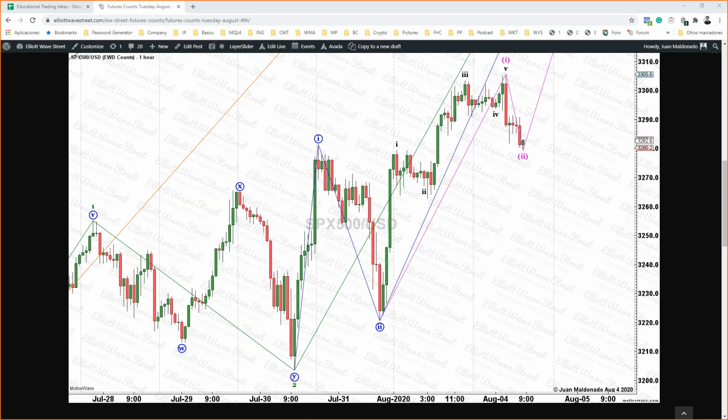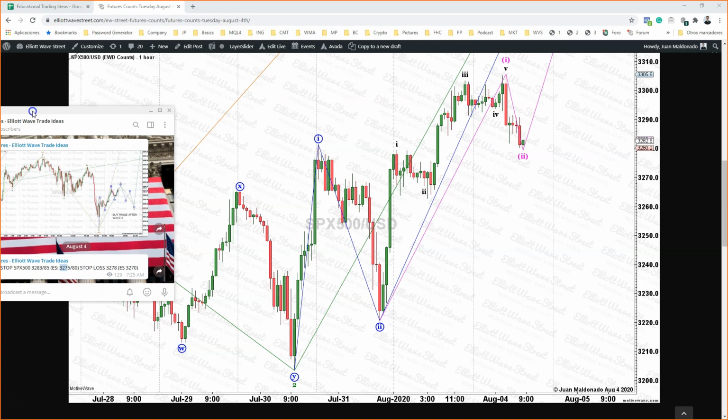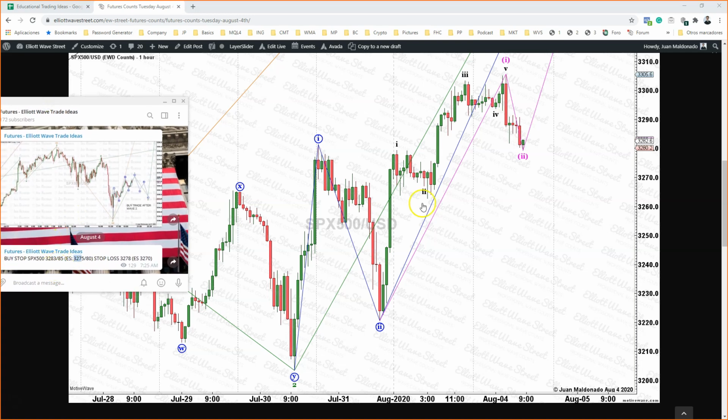So now let's share the trade with my clients. I bought the S&P 3283, the index, or the ES. If you're familiar with these markets, it's a little bit lower, 3275, with a stop loss at 3278, a 5 point stop. Why?